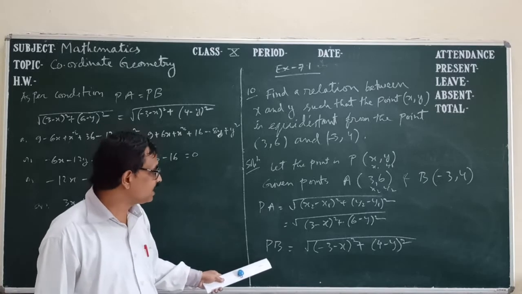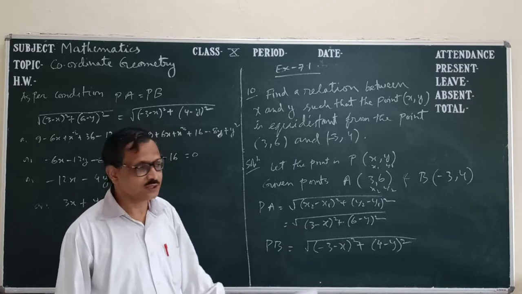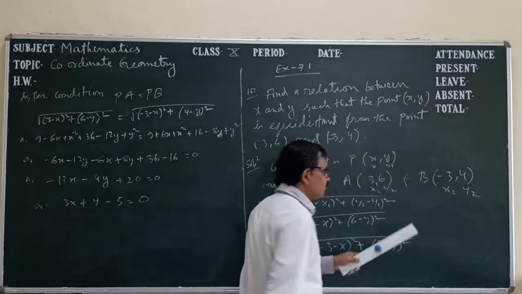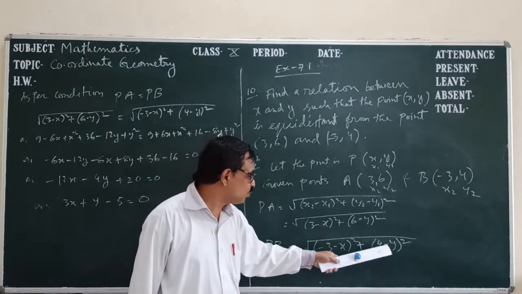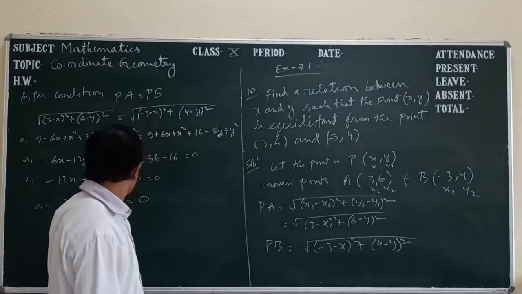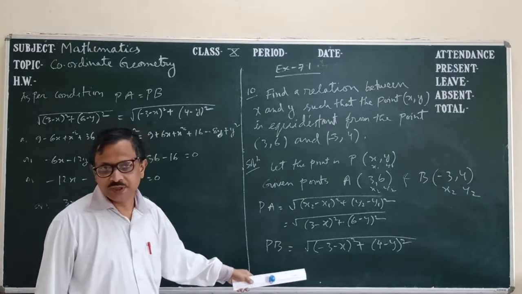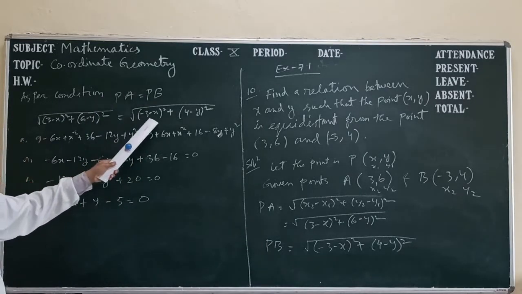Although I have written PB directly, you should write the formula and then write x1, y1 and x2, y2 again in the same way. So (3 minus x) whole square plus (4 minus y) whole square. This is PA and this is PB. As per the condition, PA is equal to PB, so this is equal to this.